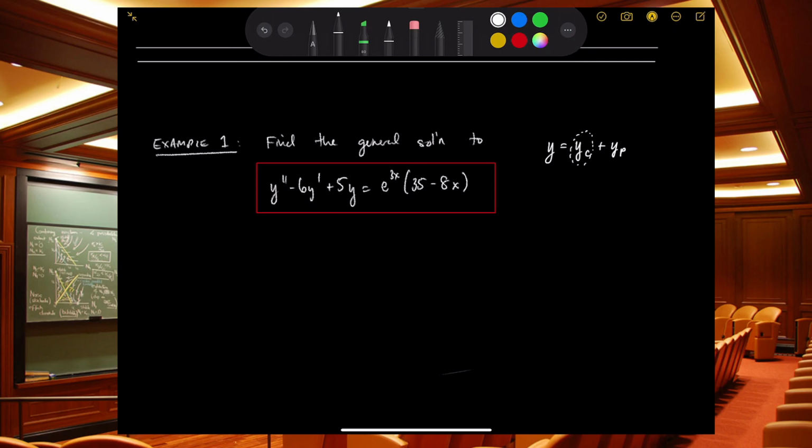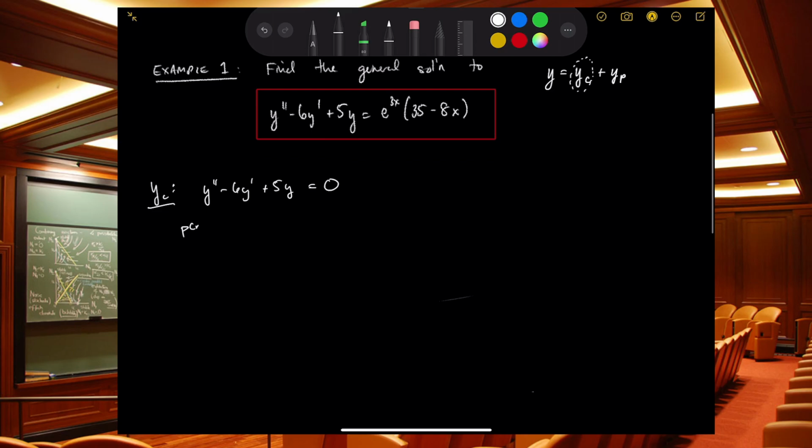So finding the complementary solution to the homogeneous equation would be taking a look at the system, left-hand side, setting it equal to 0. And then we'll see, all right, characteristic polynomial here is just r squared minus 6r plus 5, which tells me that I have two real roots, positive 5 and positive 1.